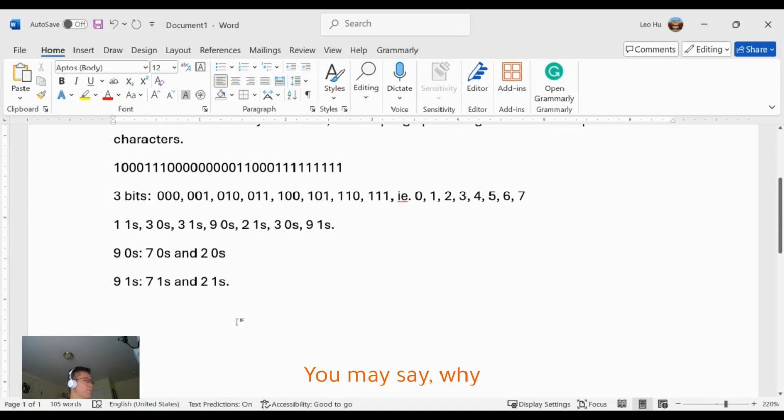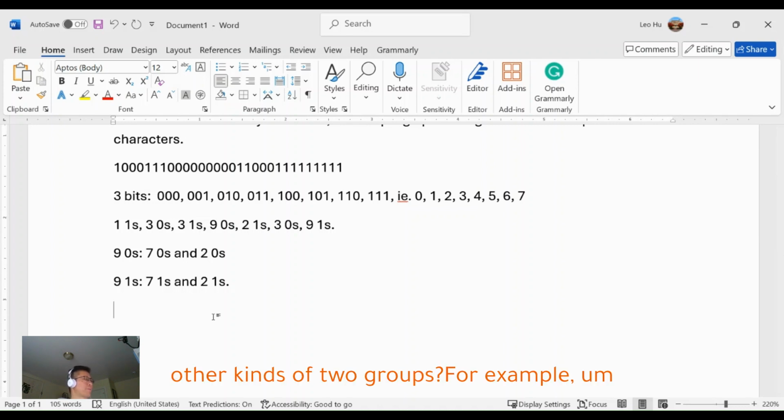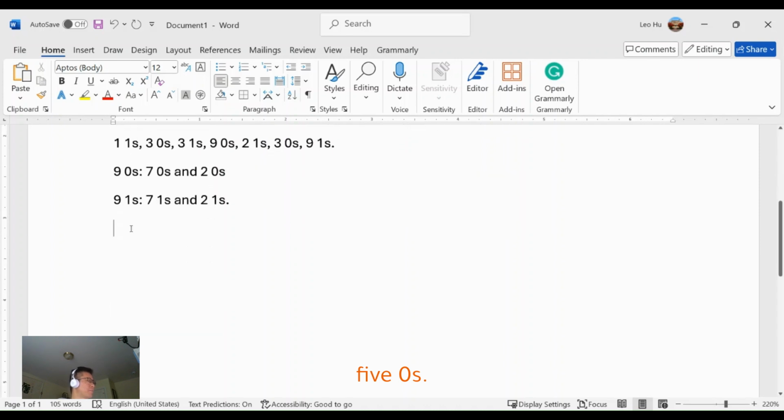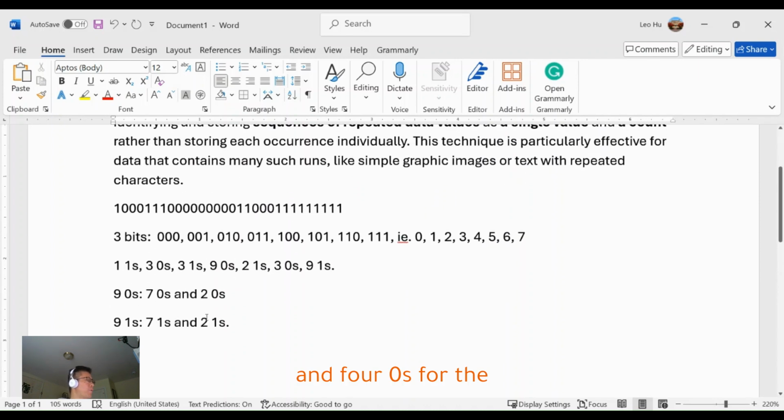You may say, why not divide into other kinds of two groups? For example, 5 zeros and 4 zeros for the 9 zeros. That means you want to divide it into 5 zeros and 4 zeros. Is that okay?